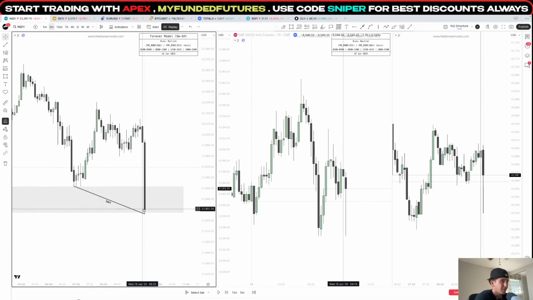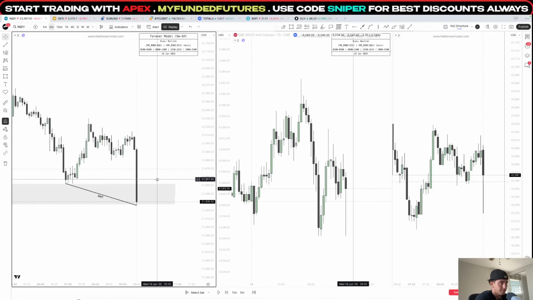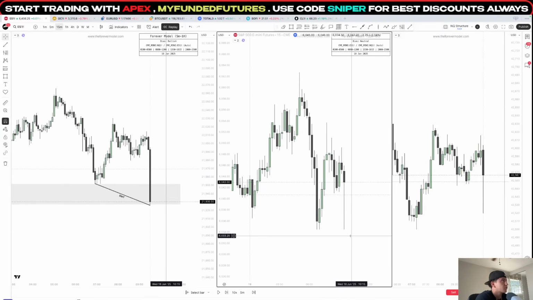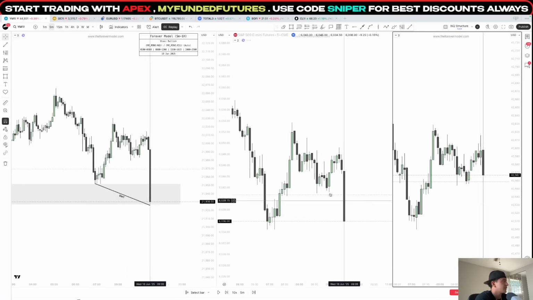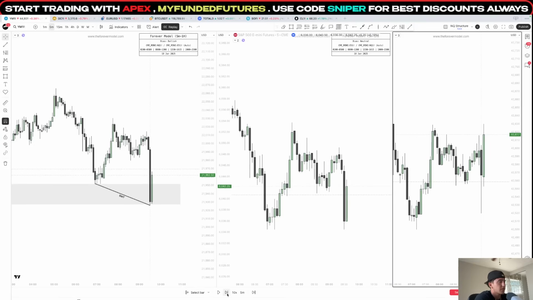This candle sweeps out everything, clears out these lows. Now I'm waiting to see how price is going to react from this point on, and if price is going to either continue lower or continue higher. So we create the SMT there. Next 5-minute candle gets a nice little push.